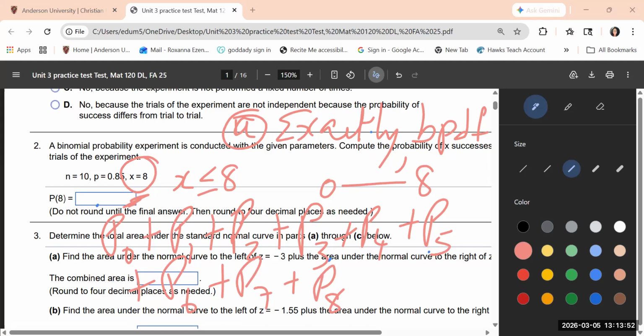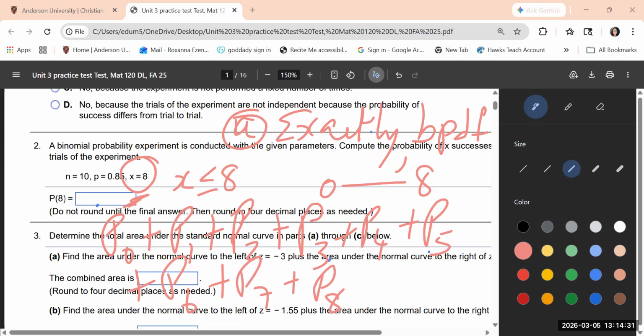So instead of finding them separately, I can find the binomial CDF, binomial cumulative density function, with the sample size, success, and the number 8, the random variable.